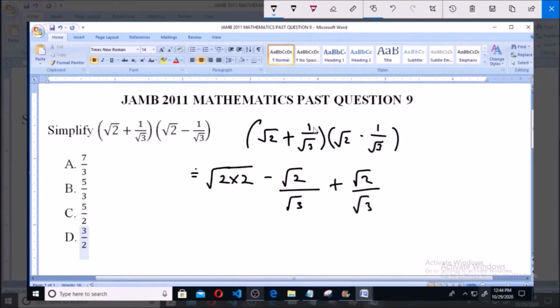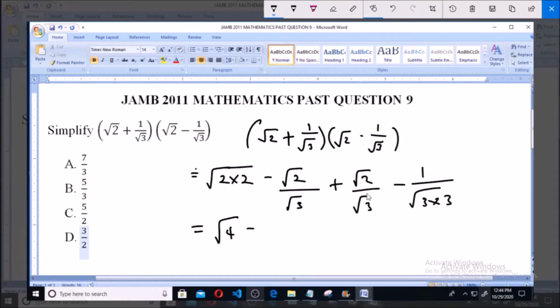Then plus 1/√3 multiplied by minus 1/√3 will give us minus 1 over √3 multiplied by √3. Now √2 multiplied by √2 is equal to √4, minus √2 over √3 plus √2 over √3 will give us 0 because it's minus and plus.